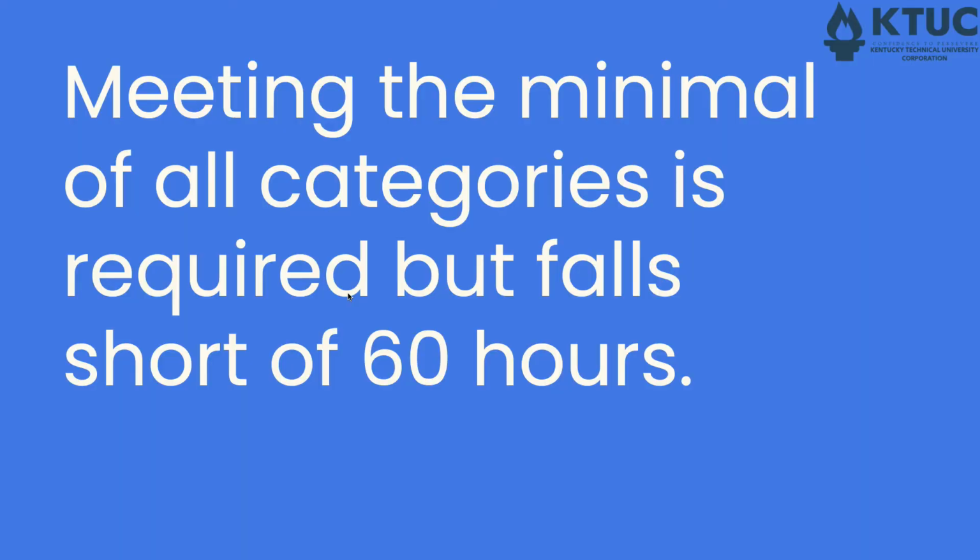Meeting the minimum of all categories is required. But if you do only that, you will not receive a total of 60 credit hours, which is what is required for an associate's degree.